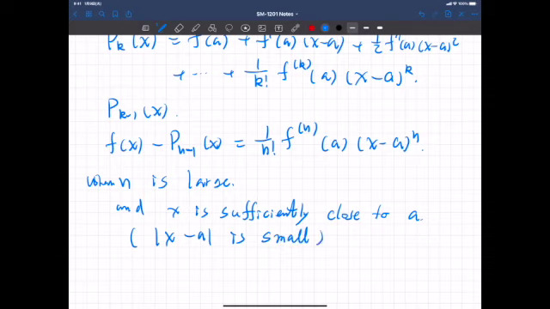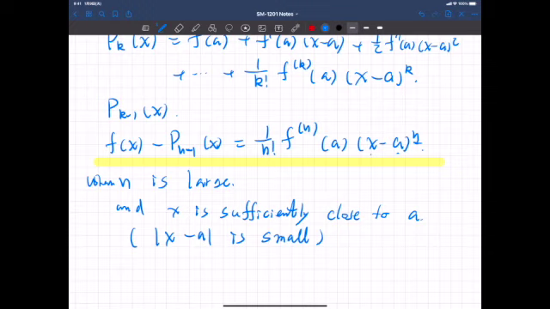We don't specify any specific value, but small means less than 1, or less than 0.1, or less than 0.001 and so on. If this is the case, then this difference is very small, because it is x minus a, which is already a very small number, and we take that to the nth power.